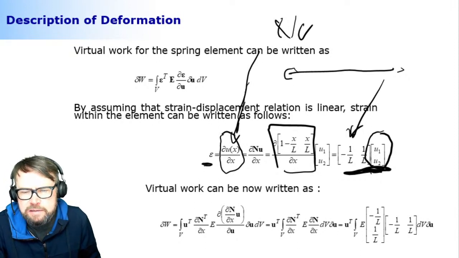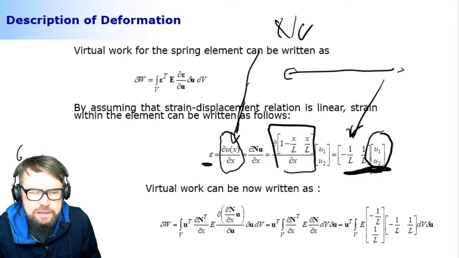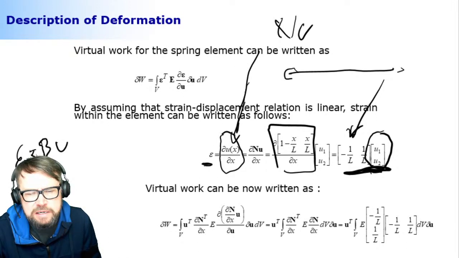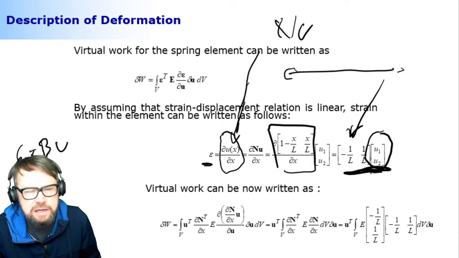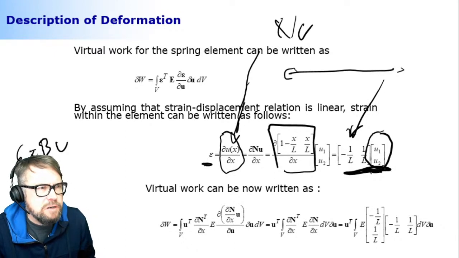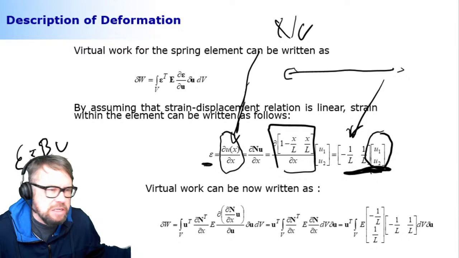This one here that is relating strain and displacement is often called in finite element literature a kinematic matrix, often called the B matrix, and it is doing this relation.